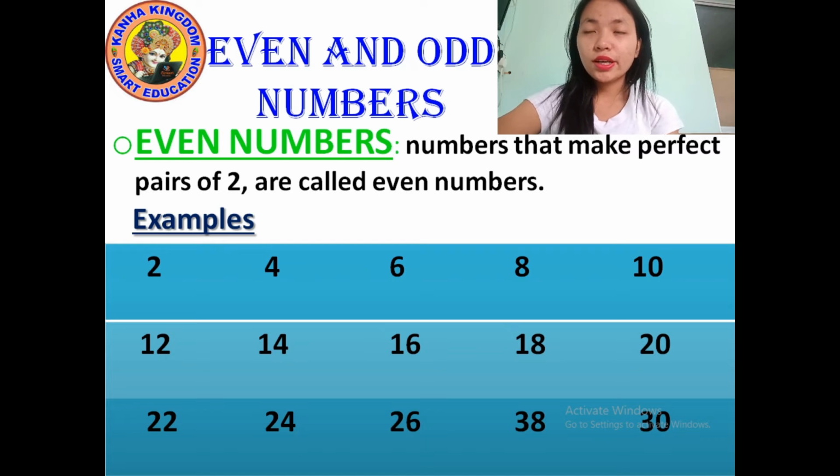Even numbers always have 0, 2, 4, 6, or 8 in the one's place.